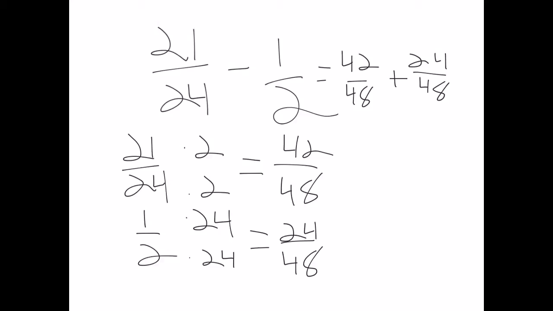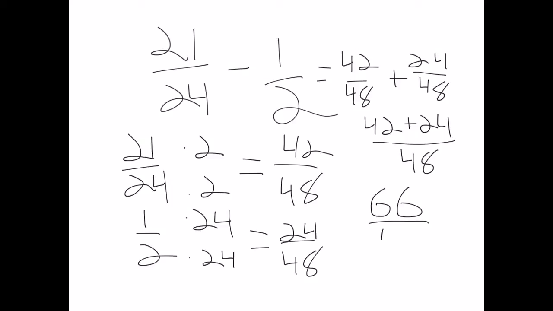You get 42 plus 24 on top, and 48 on the bottom. And then you just add them up, so you'll get 66 over 48. So, yeah, that's it.